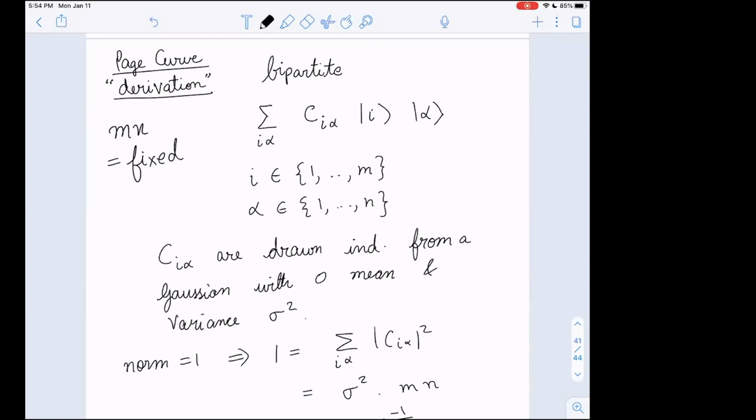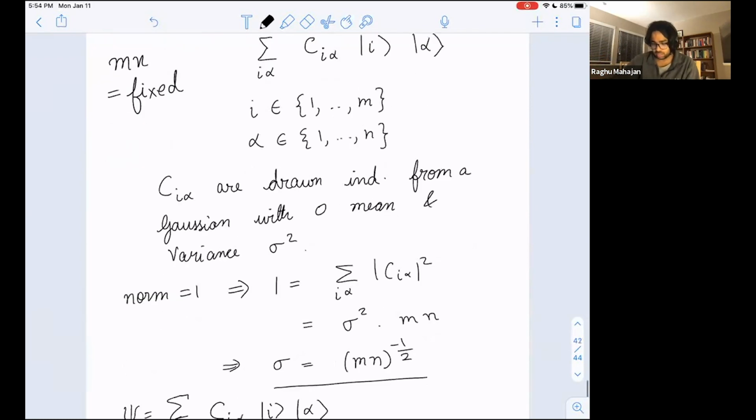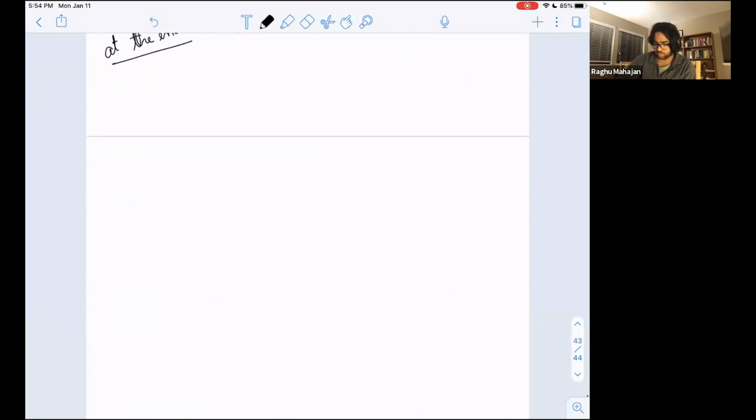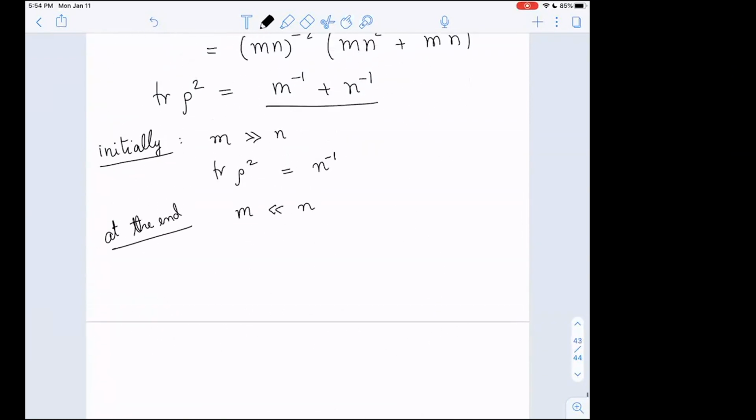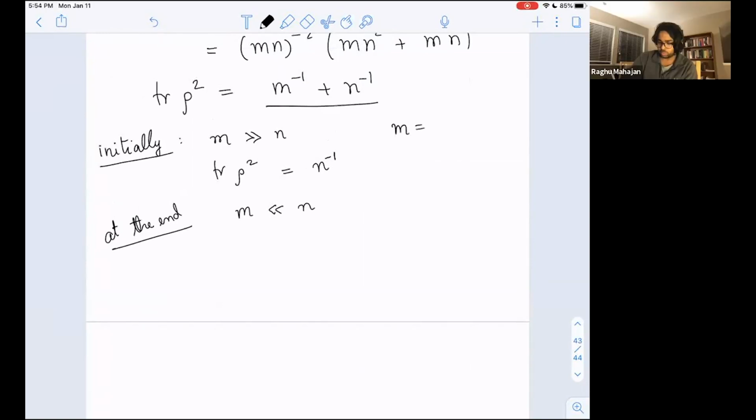Could you repeat the last statement, please? I'm just saying the unitarity comes in because you start with m equals 2 to the s black hole, right? And n equals 1. That's the starting point.